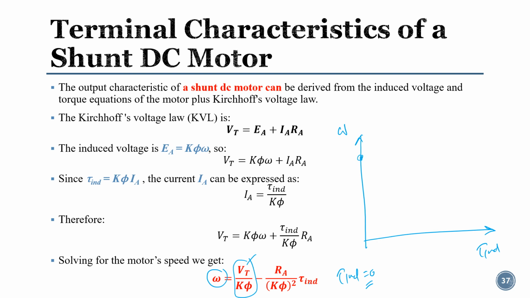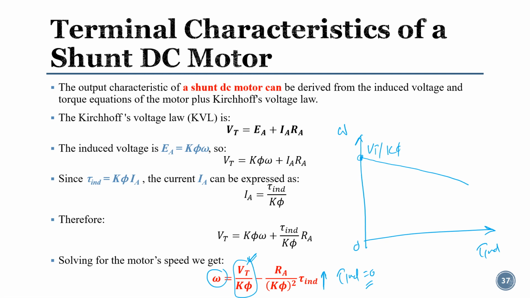This is the maximum value, which is Vt over K times flux, when the induced torque is 0. When the induced torque is increasing, the speed will be decreasing.